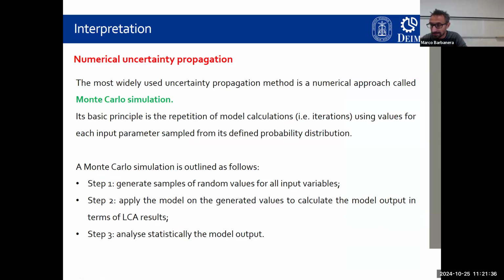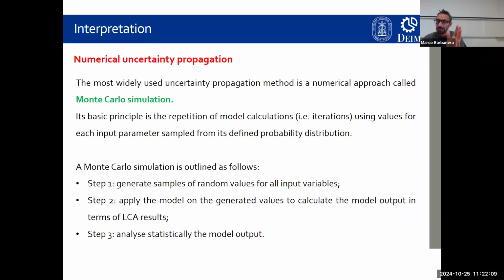And at last, the software repeats this procedure several times, typically 1,000 times. So 1,000 times, the software repeats this generation of random values and the calculation of the final environmental results.